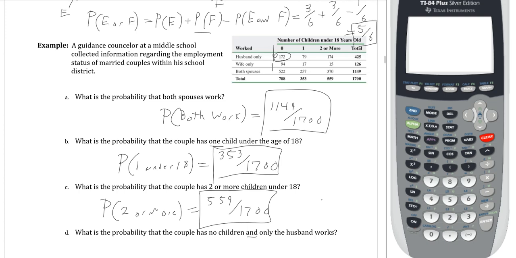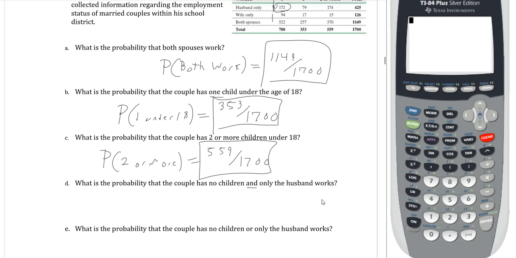Those are the only 172 situations that have both those qualities. So the probability of no children and H works is 172 out of 1,700. That'd be my answer there.